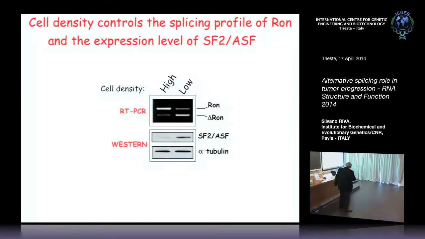At low density, you have a switch to delta-RON. Here you have the skipping of exon 11. And in parallel, at low density, you have much more SF2 compared to high density cells. So you see the correlation: you have more SF2 and more skipping.